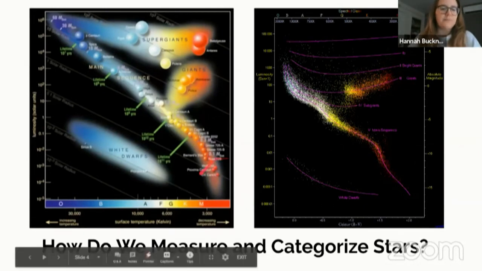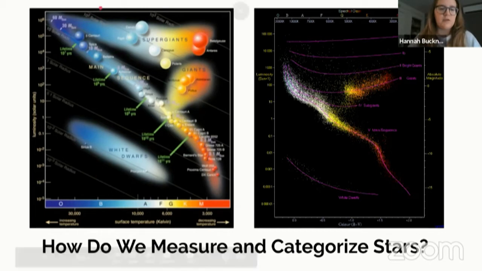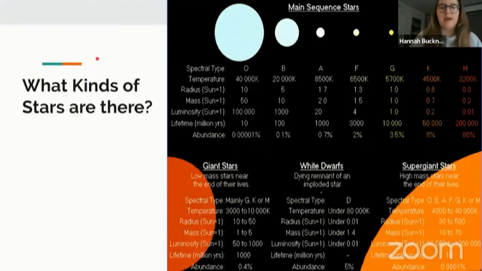Here is where we are. They're very big. They have a temperature typically around 20,000 K. Their radius, like I said, is 3 to 5 times more, or 16 times more.